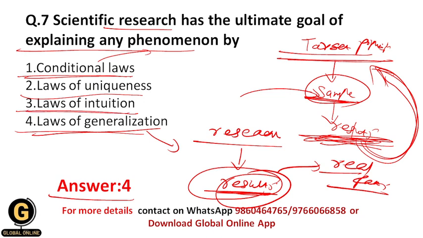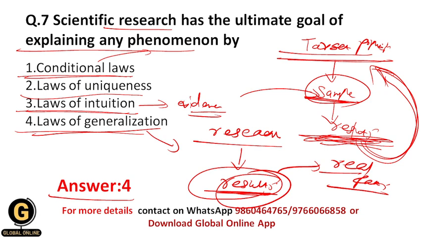Then laws of intuition means that we apply our intuitions to the result section of our research study. Here we don't rely on the evidence; we rely on our thinking power, our intuitions. So these are the laws of intuition.